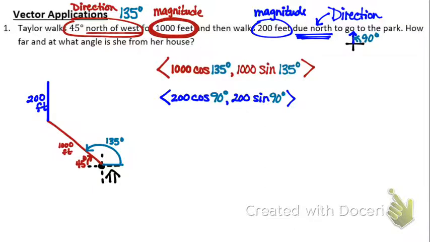The question that they're asking me to answer is what? How far? If they want to know how far, and I'm talking about vectors, that's distance, which would be magnitude.